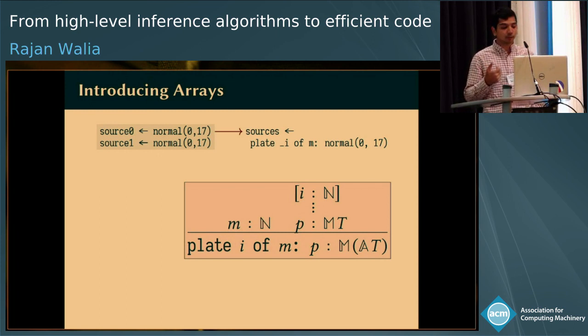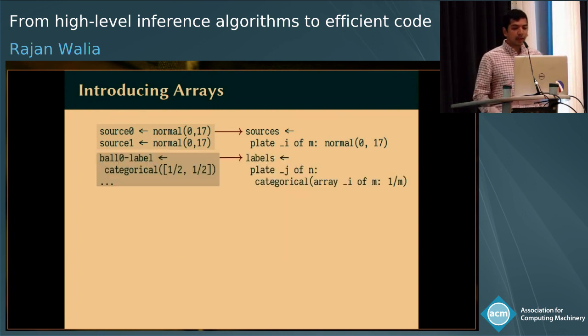We add this notion of plate to define a probability distribution over arrays given a distribution over a single index. So here, each index in the array has a probability distribution of normal 0, 17, but sources is an array of locations. And we do the same thing for our ball labels. We use plate, again, with categorical to get the labels of our balls.